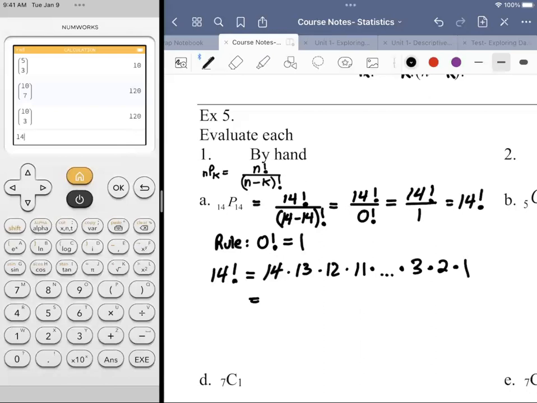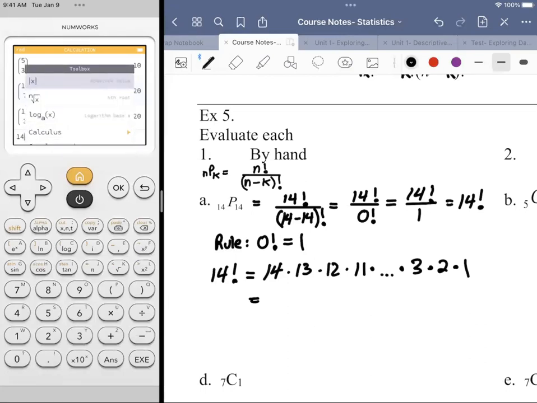So 14, toolbox. And again, folks, just so you remember, when you go into the toolbox in NumWorks, it brings you to the last menu that you were in. So if you need a fresh start in the toolbox, just hit the back arrow, and then when you go in, you're in a fresh menu.